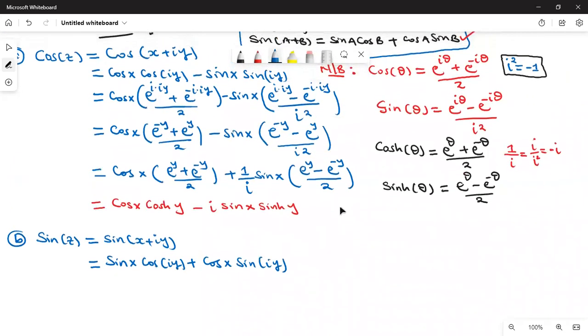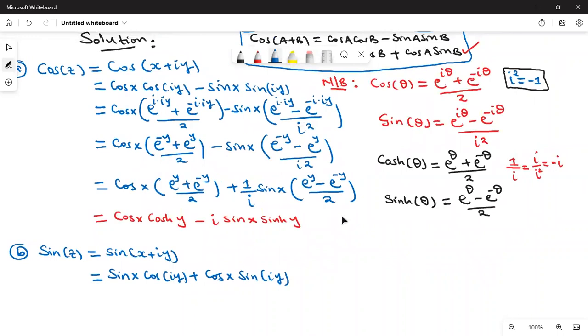But from here, we have shown that cos iota y is the same as, look at the way it was, where there is cos iota y, that is the same as hyperbolic cosine of y. That's what we got. And where there is sine iota y, what did we get? We got i sine hyperbolic of y.